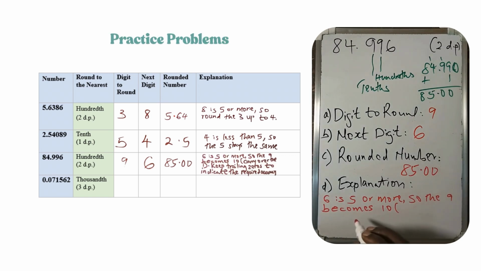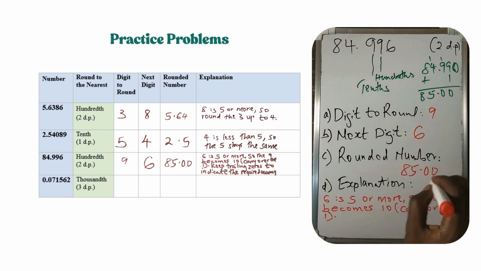So we carry over the 1. After that, we kept the trailing zeros the same to indicate the required accuracy. The trailing zeros are here.